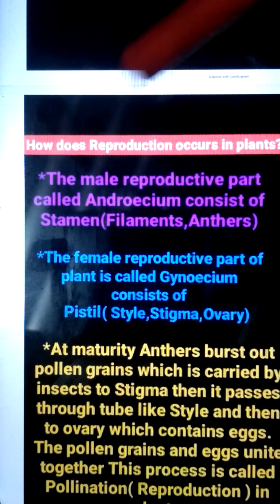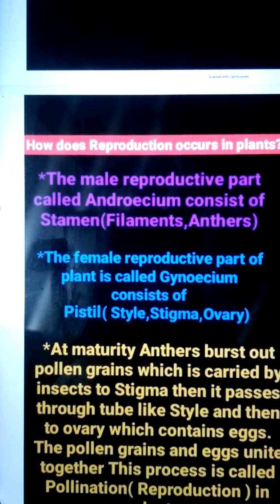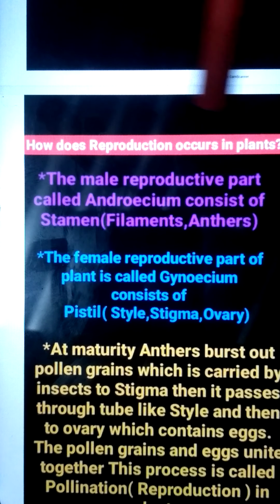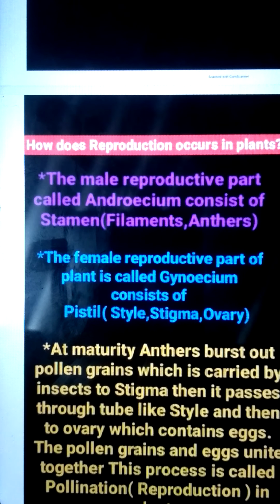See, how does reproduction occur in plants? For reproduction we need male and female. So in flowers, what is male and what is female? So how does reproduction occur in plants? For that we should first know what the male part of a flower is and what the female part of a flower is.